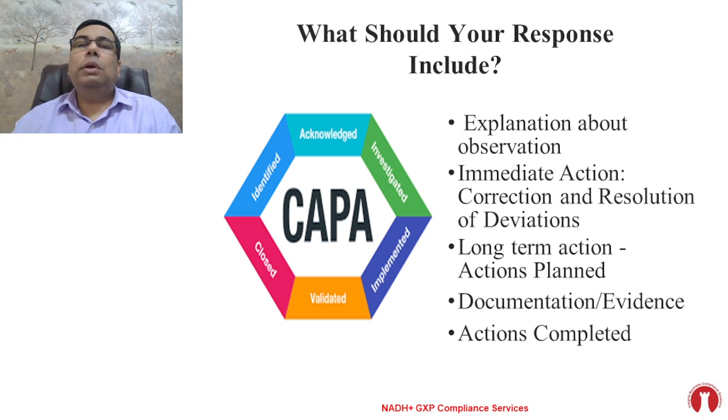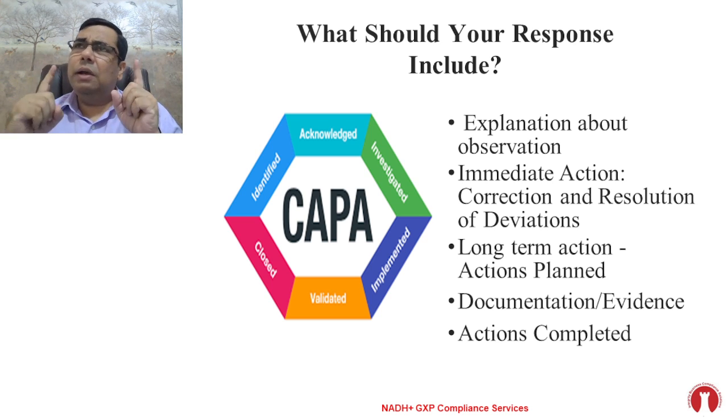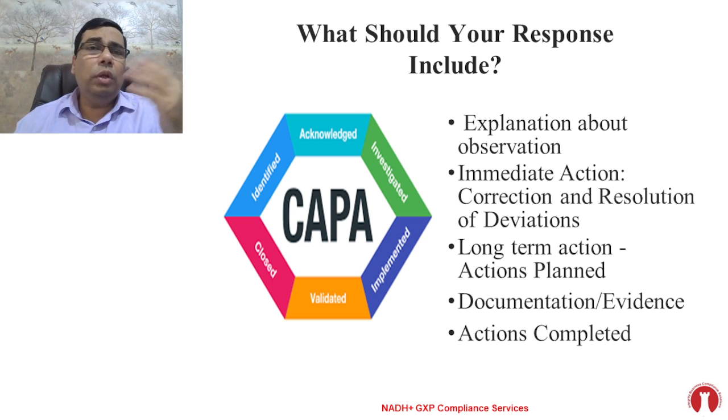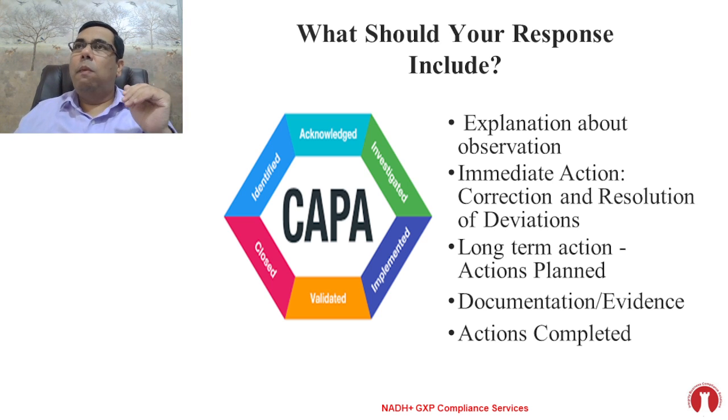The second very important point is the immediate action. Many companies lack this, and due to that the 483 observation is converted into a warning letter. Correction and resolution of the deviation is very important, because some people give only a long term action plan: we will implement this computerized system, with a timeline.